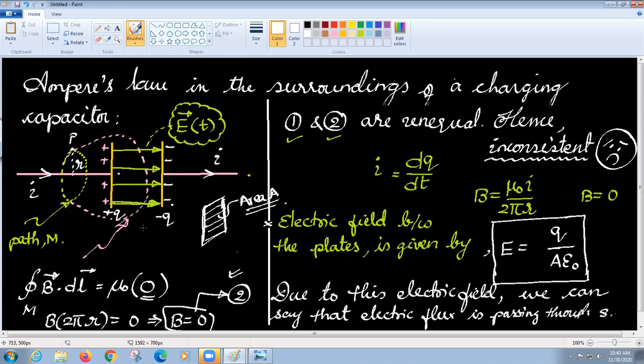Yes, agree? The pink surface you're seeing all the way here. So due to this electric field, which is changing in time, you could see the change in electric flux, or electric flux is passing through the surface.